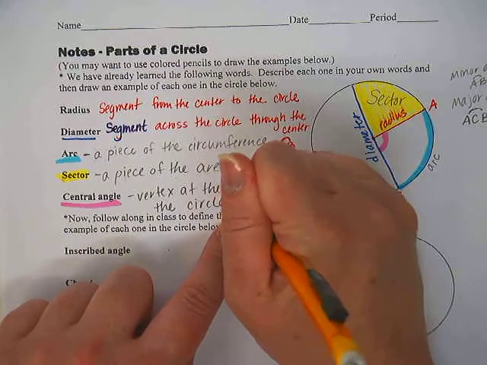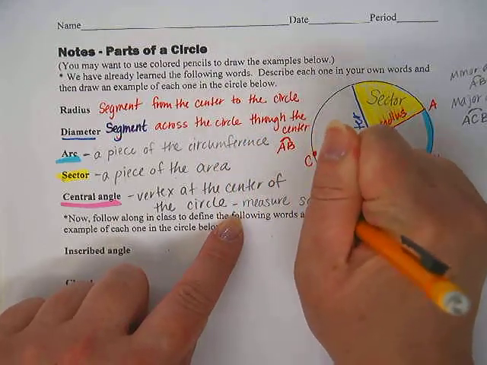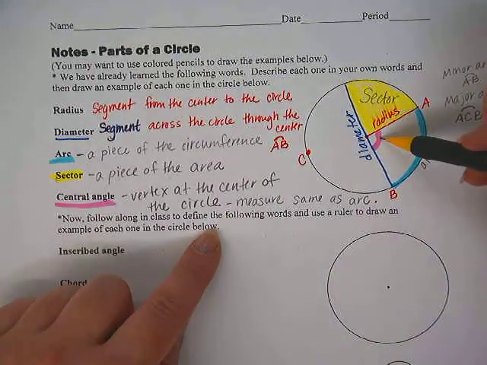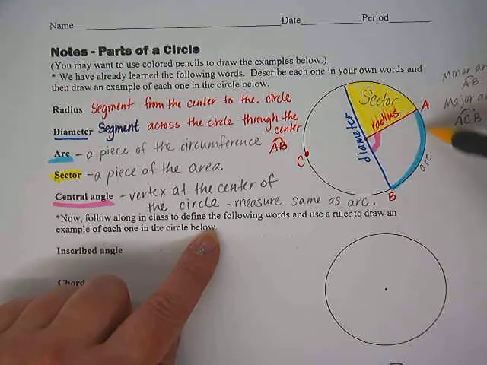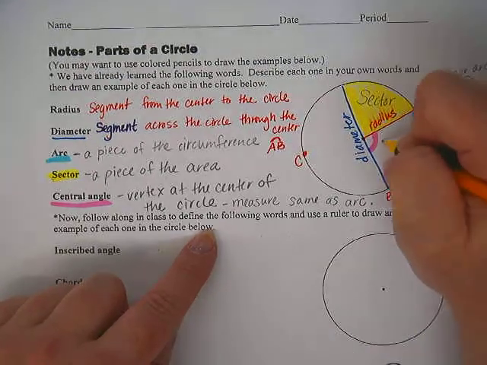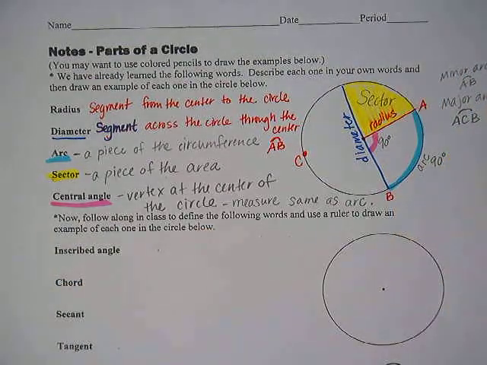The other thing to remember is that an arc and a central angle are the same measurement, right? Vertex at the center of the circle, and the measurement is the same as the arc. So in other words, if this angle here is 90 degrees, what's the measurement of the arc going to be?